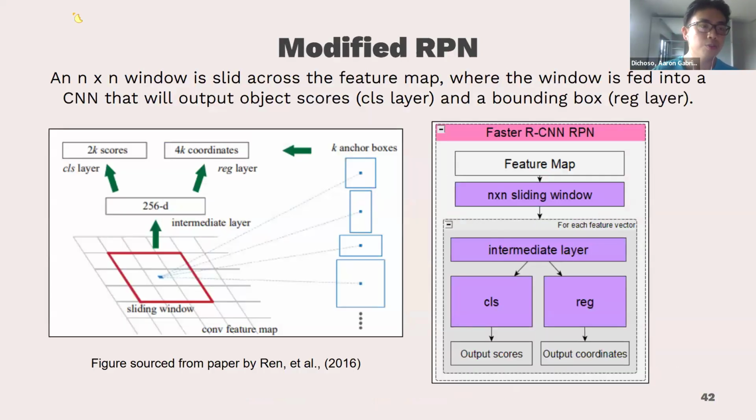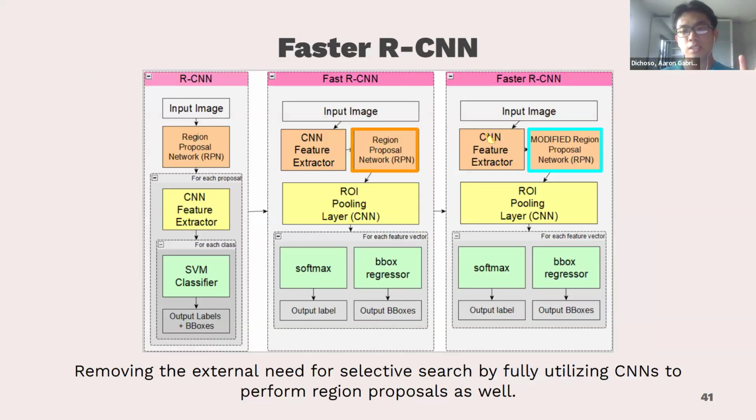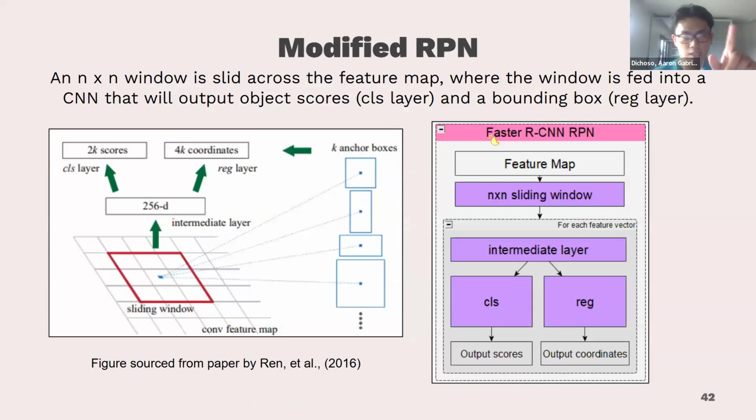So this modified region proposal network takes the feature vectors extracted from the CNN feature extractor, and then takes only a specific box of that feature map. It slides that tiny box across the entire feature map, and inside that box, it takes that as an input for another convolutional neural network.